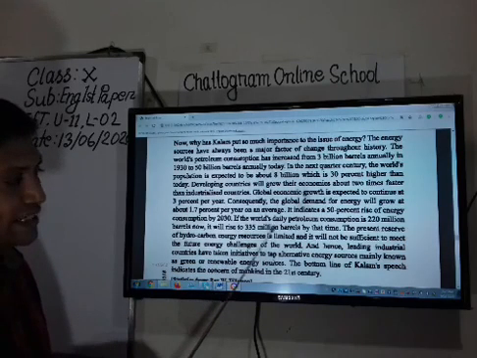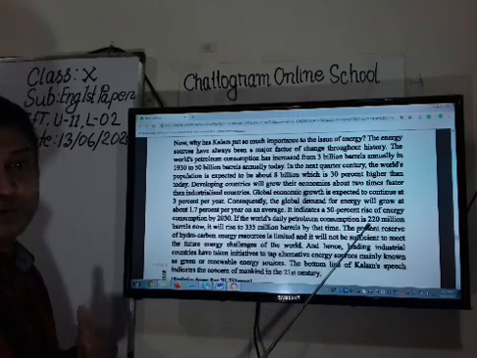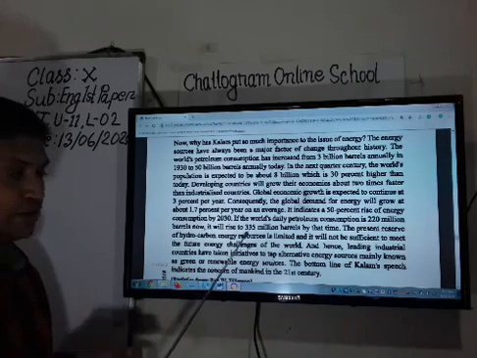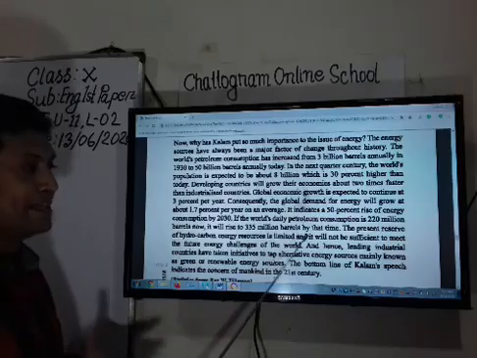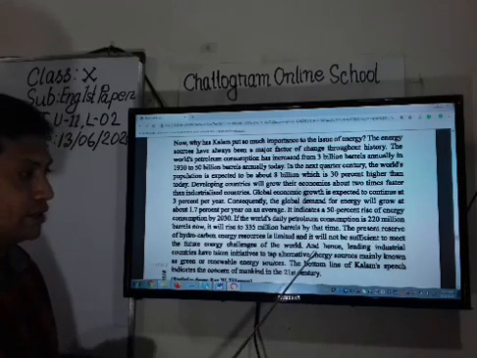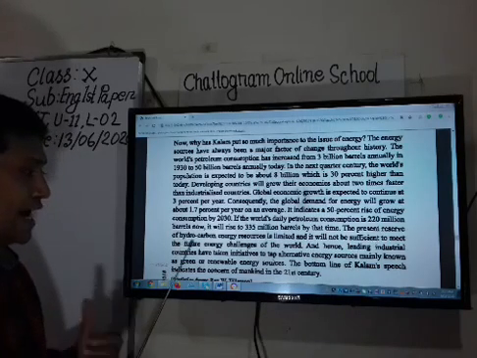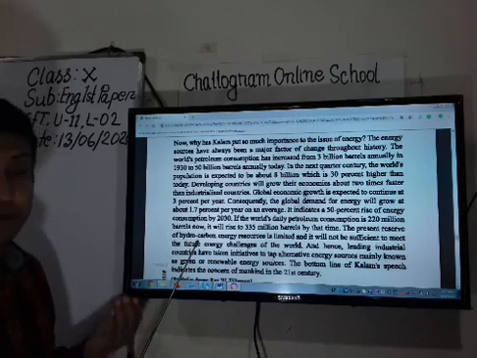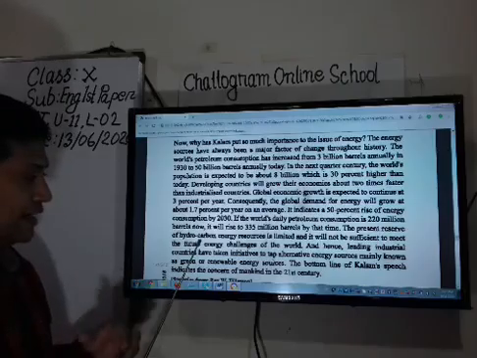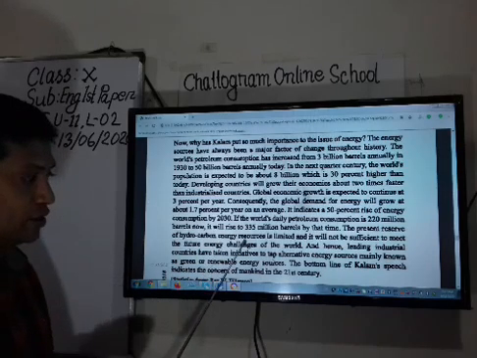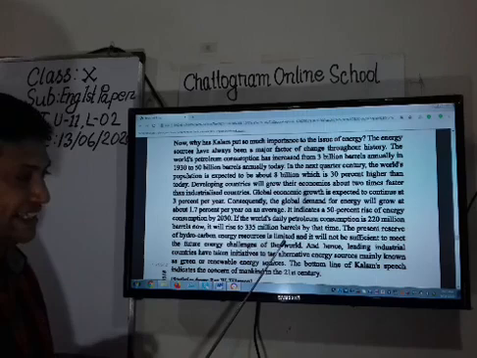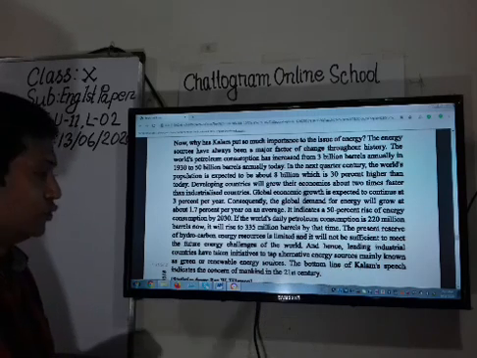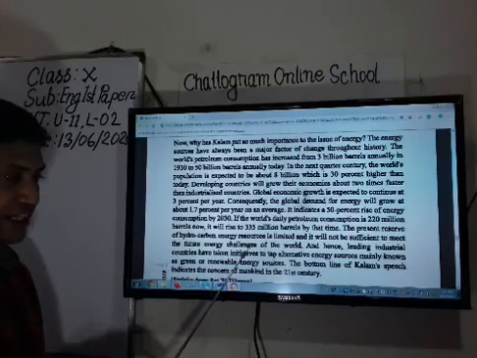If the world's daily petroleum consumption is 20 million barrels now, it will rise to 335 million barrels by that time. The present reserve of hydrocarbon, a chemical made up of hydrogen and carbon only, is limited and restricted, and it will not be sufficient to meet the future energy challenges of the world.